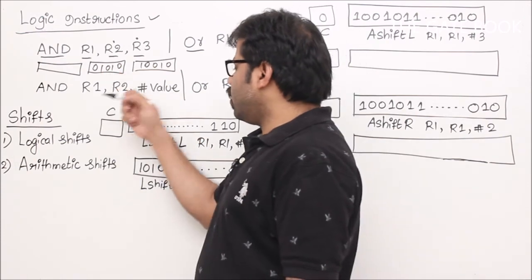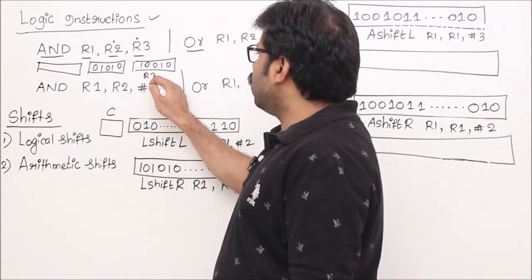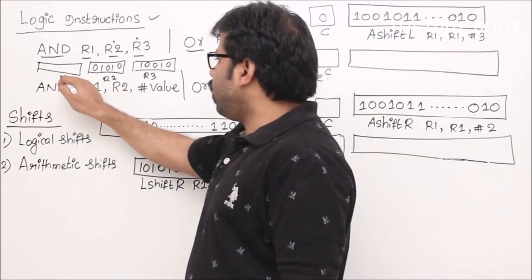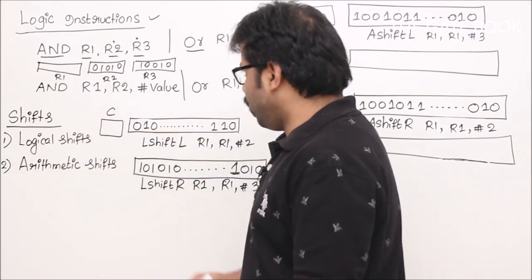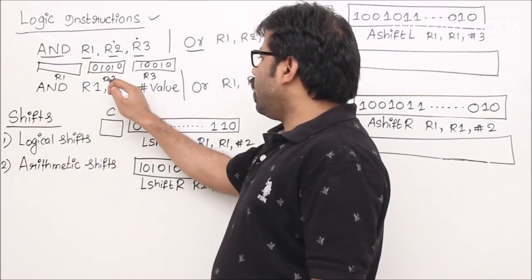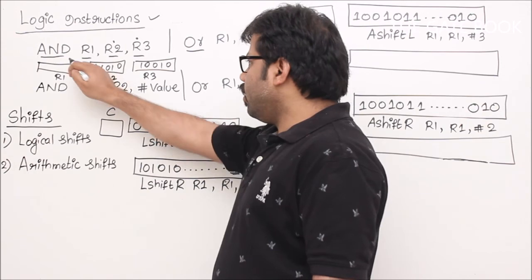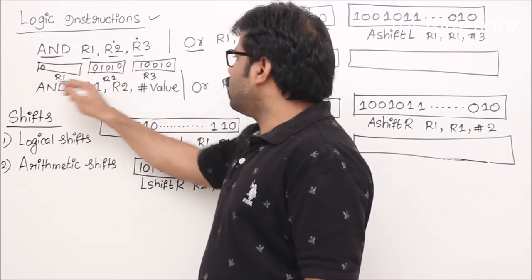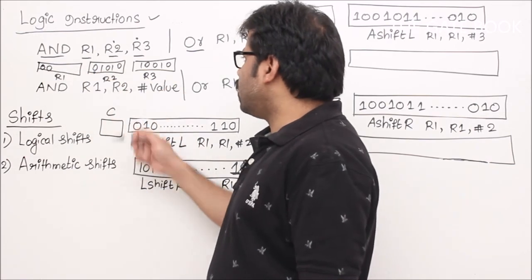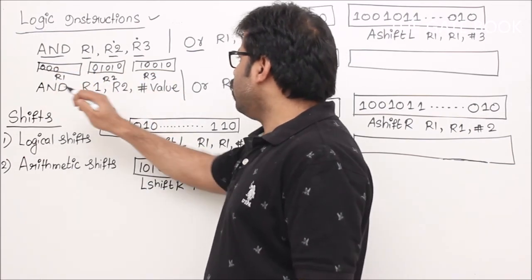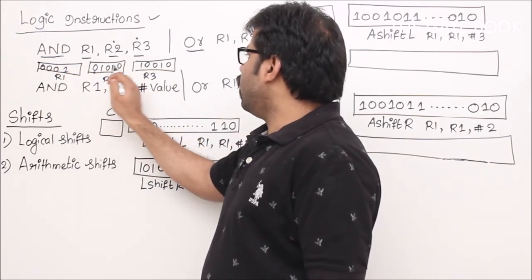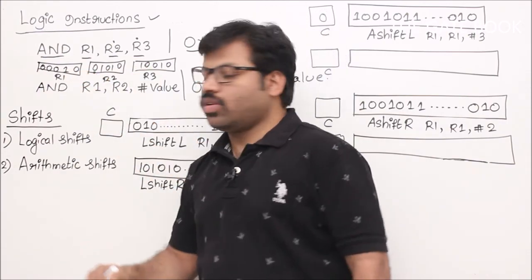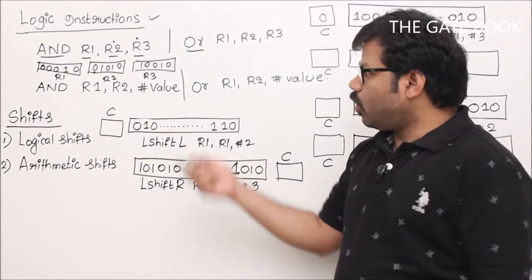When R2 and R3 are bitwise ANDed: 0 and 1 is 0, 1 and 0 is 0, 0 and 0 is 0, 1 and 1 is 1, 0 and 0 is 0. That's quite easy to understand, right? So 00010 will be the result. That is about the AND operation.